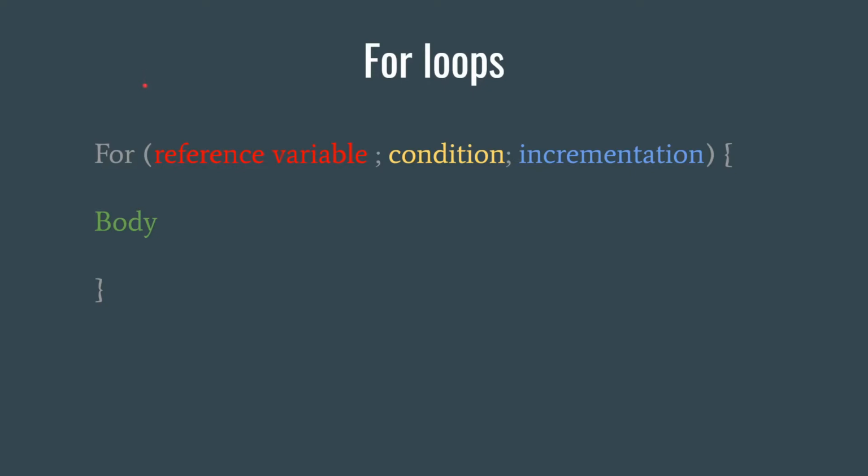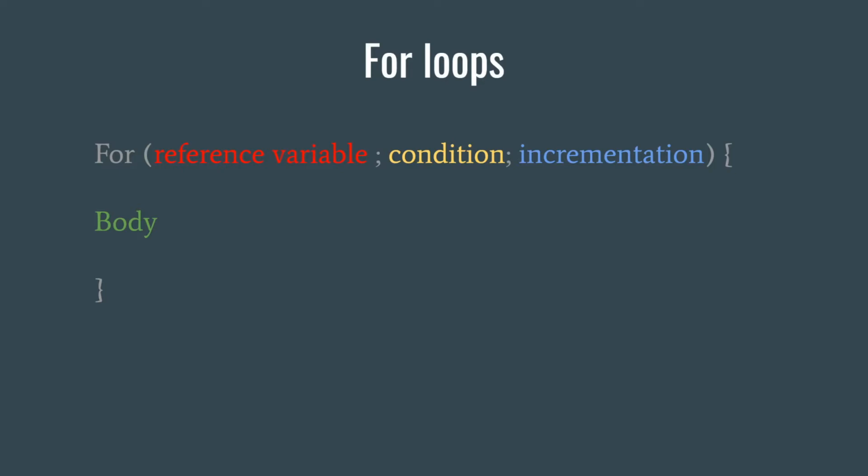So the reference variable, like I said, is going to keep track of where we are in our loop. We can reference different incrementations in our loop body. Now we separate each of these 3 parts with a semicolon. Our next part is a condition, and that is going to be specifying how many times we loop or the end of the loop.